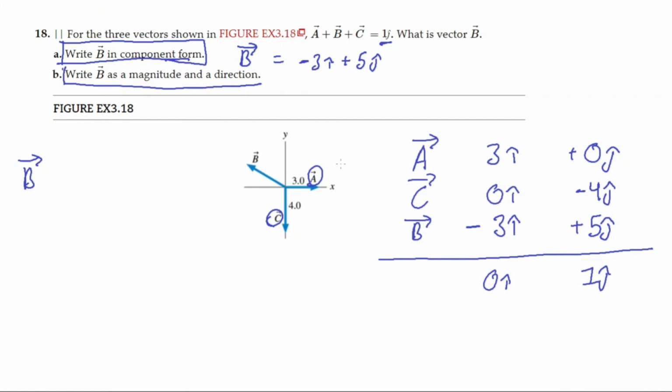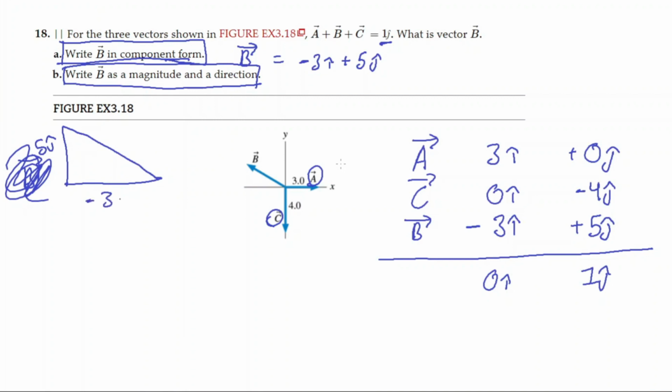And then write b as a magnitude and a direction. So as a magnitude, we know we're just going to again find the hypotenuse, but let's draw a little triangle here. So it looks something like this. Our opposite would be 5j, and our adjacent would be negative 3i, and this would be theta.